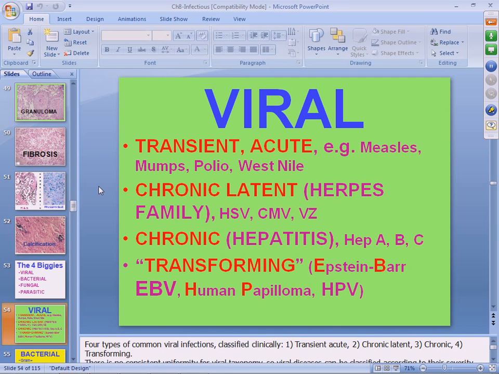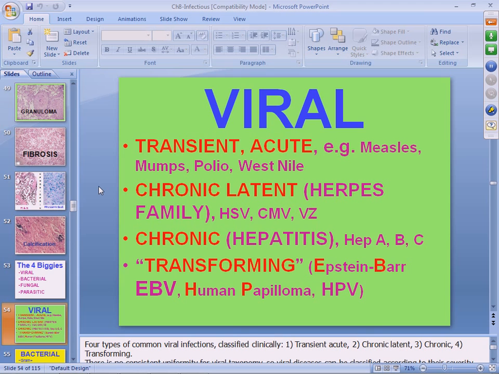And even though they don't always have herpes in the name, like cytomegalovirus or varicella zoster, these are all basically categorized into the taxonomic division of herpes. We'll be giving examples of all of these. The most obvious one that fits the category for chronic are the hepatitis viruses. And even though they can be called A, B, C, D, E, and who knows, maybe by the time this class is over, they'll discover an F.